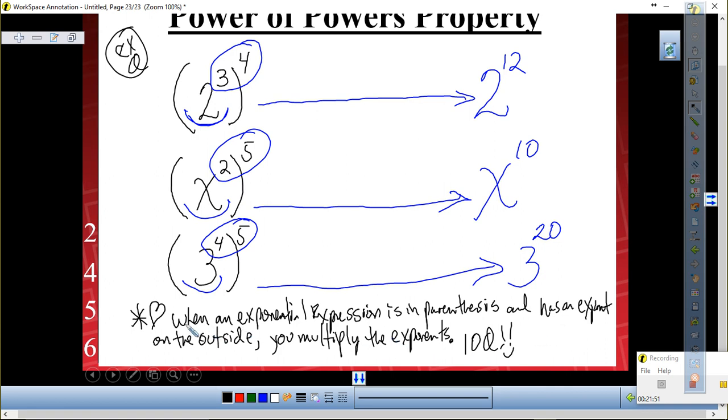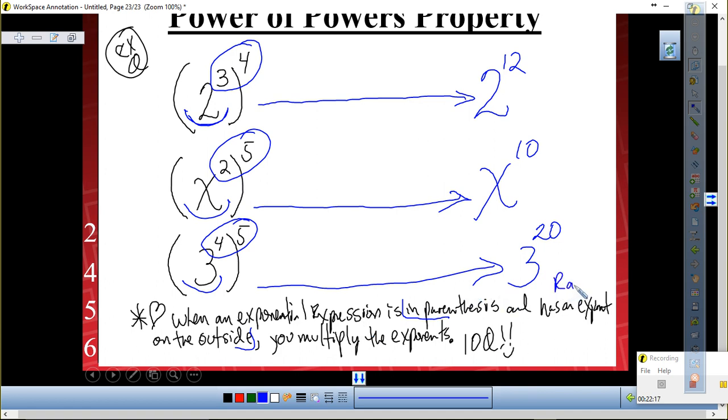Now, check this out. Andrew said when an exponential expression is in parentheses and has an exponent outside. All that, what he just said before the comma and after the "is," from here to here, this is what we call this term.